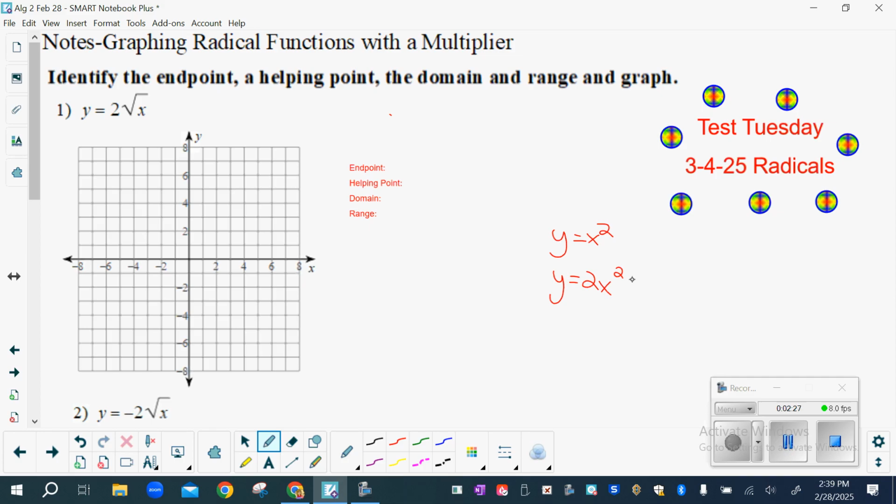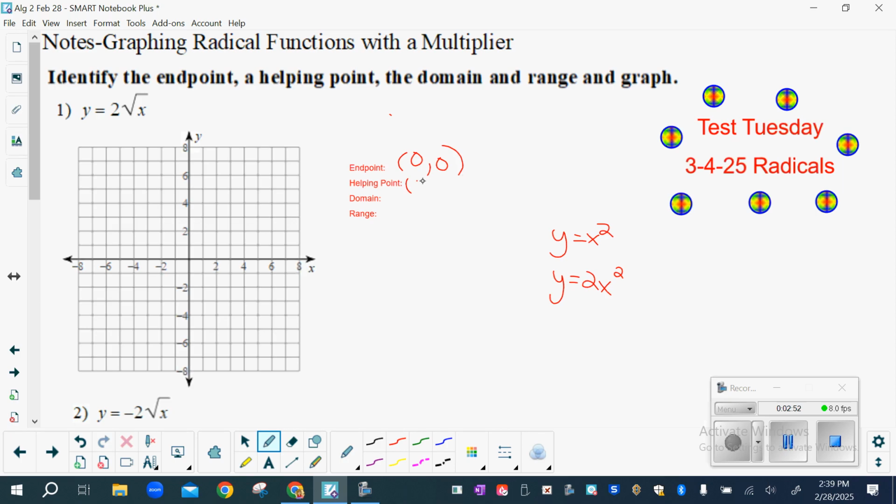So, what would be my endpoint? 0, 0. So 0 inside here, and then 0 added outside here. So that 2 in the front has no effect on my endpoint. So a helping point, if I want to get 4 as my result, what would I plug in there for x? 4.